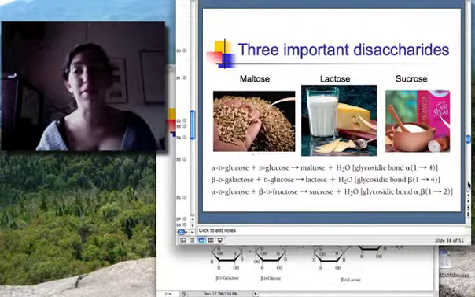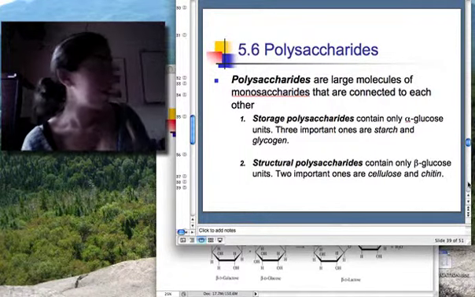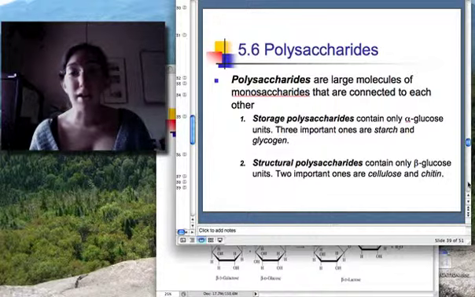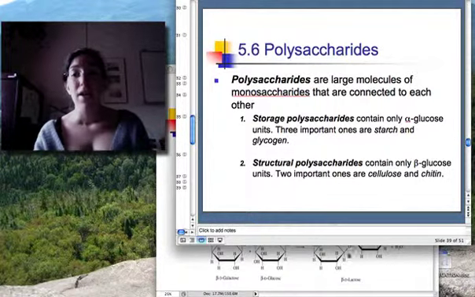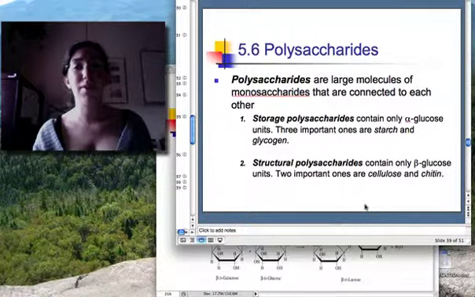So like I said, you can connect long chains of glucose together or other monosaccharides in order to make polysaccharides. Polysaccharides are large molecules, and they can fall into two different categories.